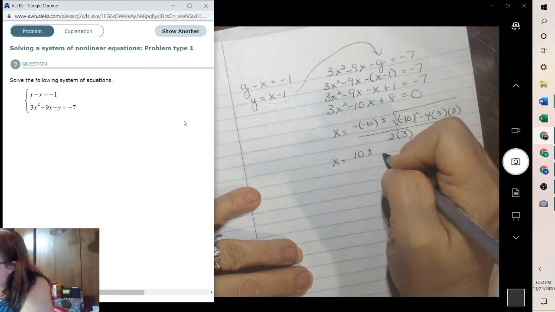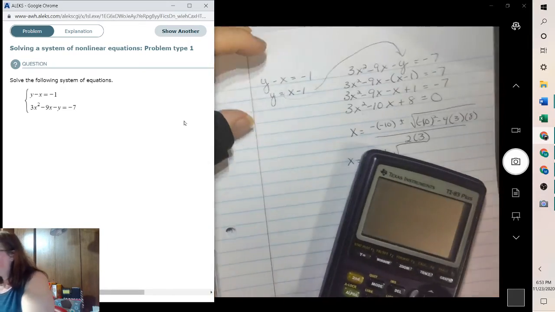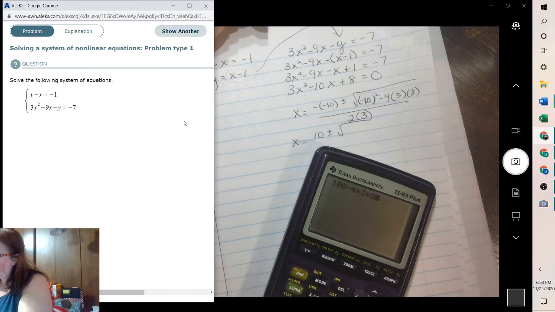10 plus or minus the square root. 10 squared is 100. 100 minus 4 times 3 times 8 is 4.